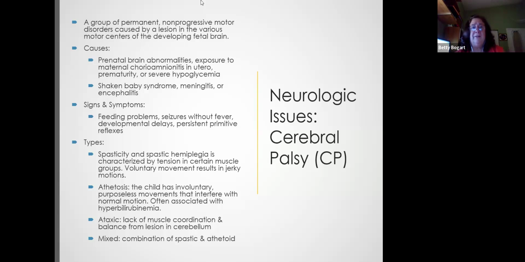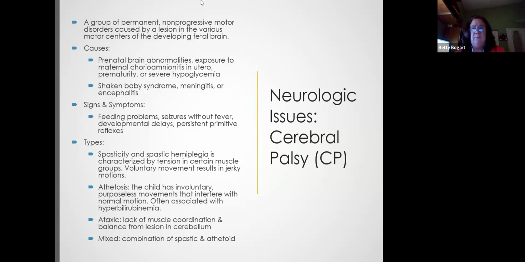What else can cause cerebral palsy? Well, shaken baby syndrome, of course. Meningitis and encephalitis, inflammation of the brain. We've damaged the brain somehow. Not all the time, but yes, it can happen. So, what are we going to see with cerebral palsy? Well, one of the reasons why we learn all of this growth and development, what we do and when we do it and how we should do it, is because a child with cerebral palsy is going to be cognitively delayed.